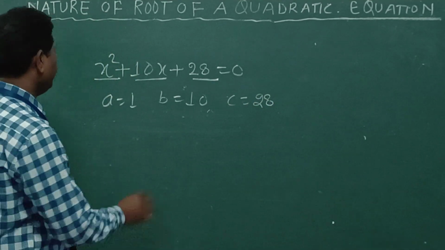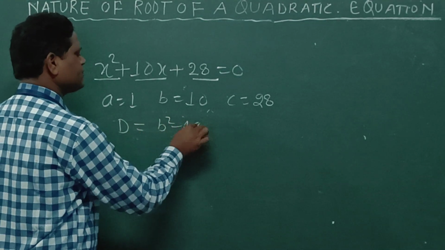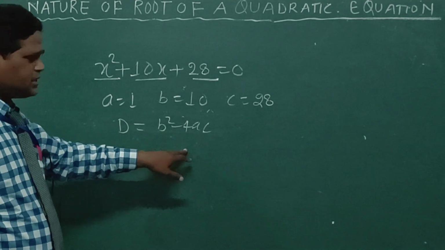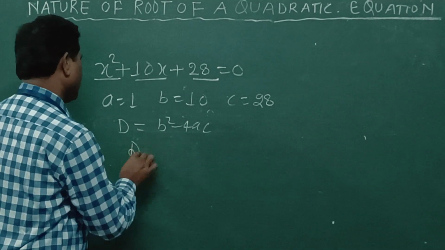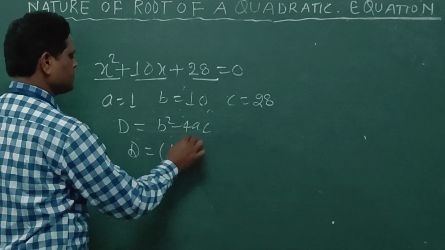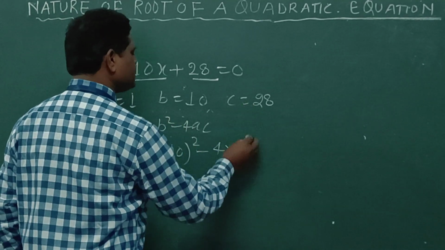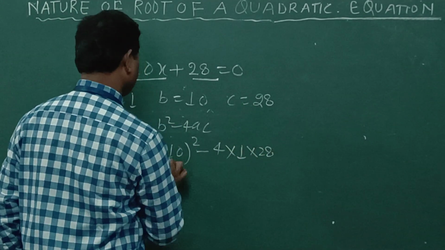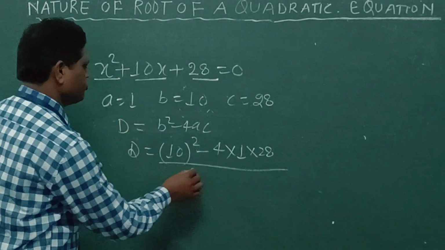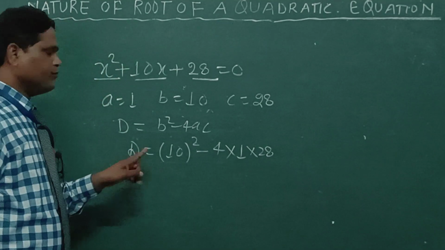D equal b square minus 4ac. We know that the discriminant D equal b square minus 4ac. So b means 10, a equal 1 and c equal 28.